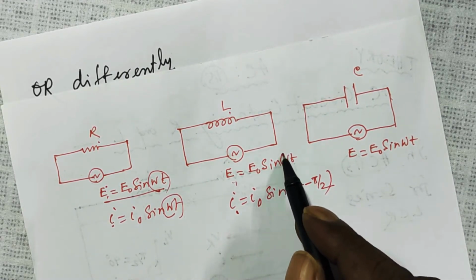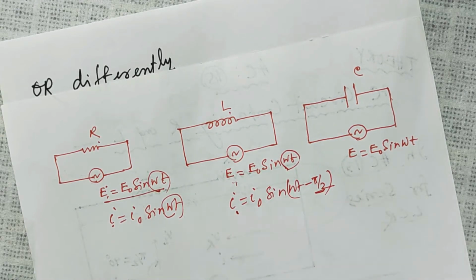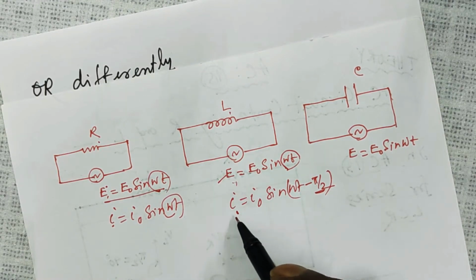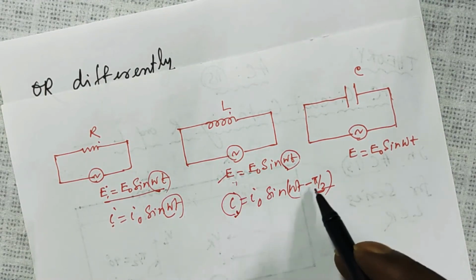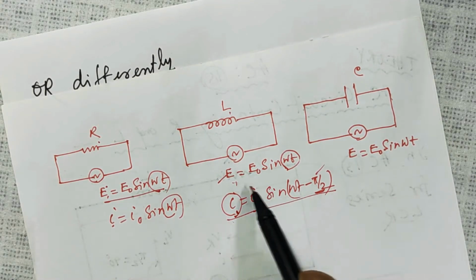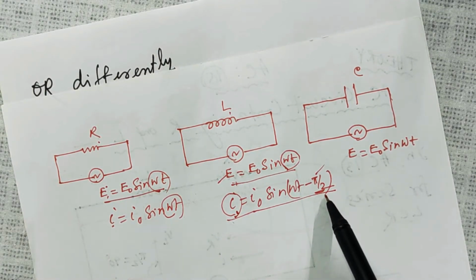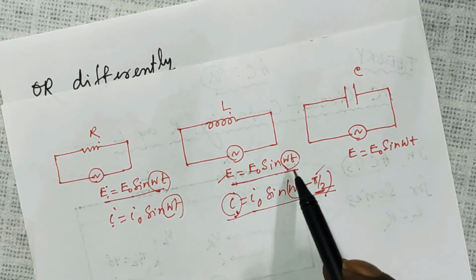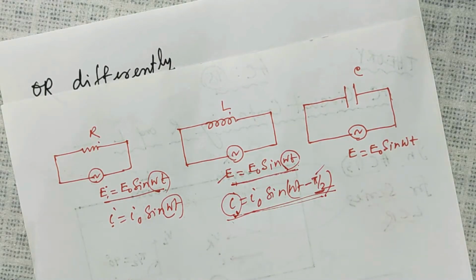The current is lagging behind the EMF by pi by 2, or you can alternately say the EMF is ahead of the current by pi by 2.